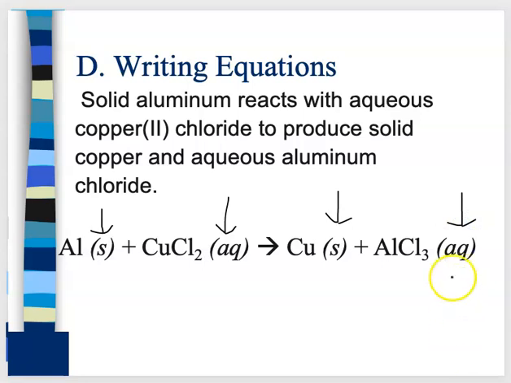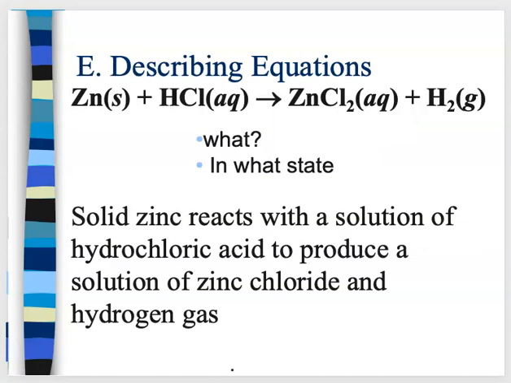So those aq and s symbols tell us something about the state in which those substances exist, and that's why they're frequently referred to as state symbols. All right, you can look at a chemical equation and describe what's going on. So here we've got solid zinc mixed together with a solution of HCl, which is hydrochloric acid. And when you do that, it produces zinc chloride in a solution and hydrogen gas.